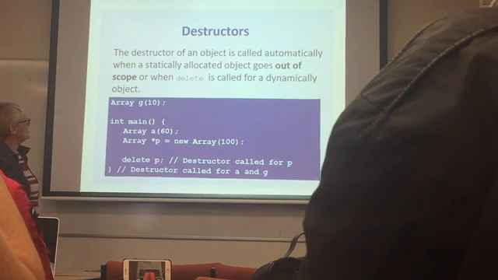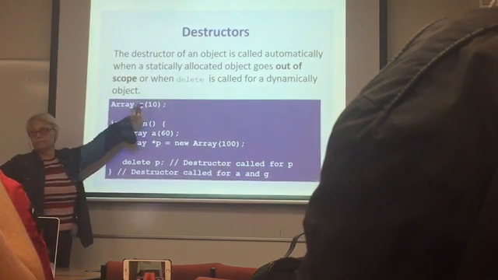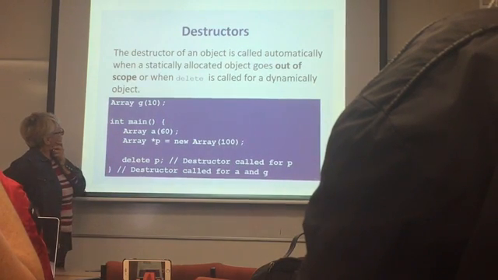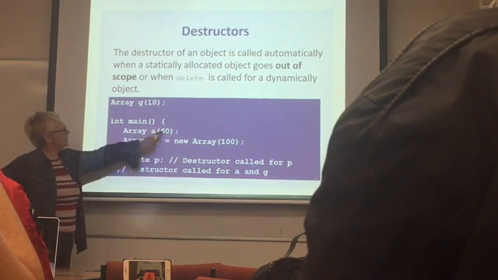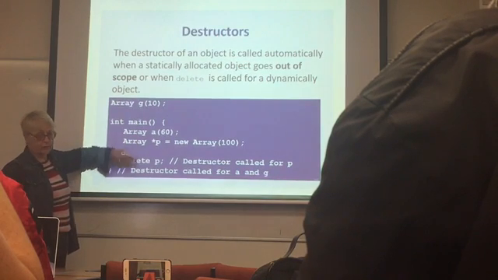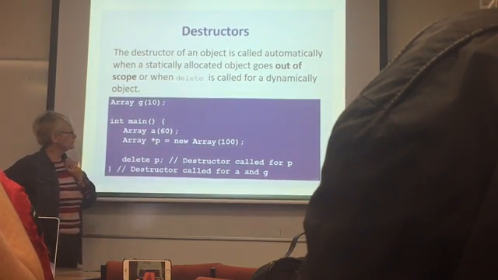If we consider this example, we have a global variable, J, which allocates memory for 10 elements. Another one, a local scope inside main, it's a local variable, okay, and a pointer variable.